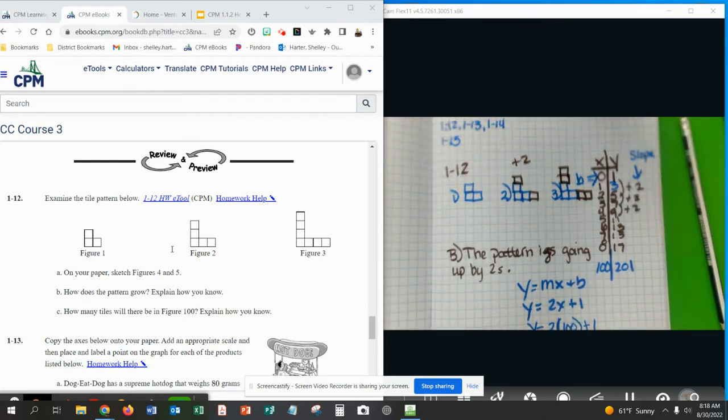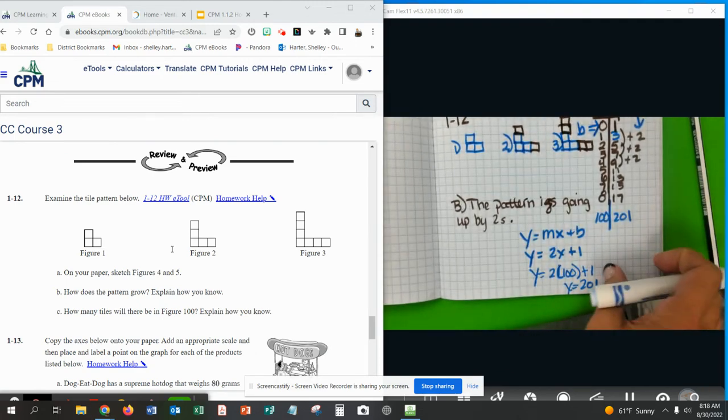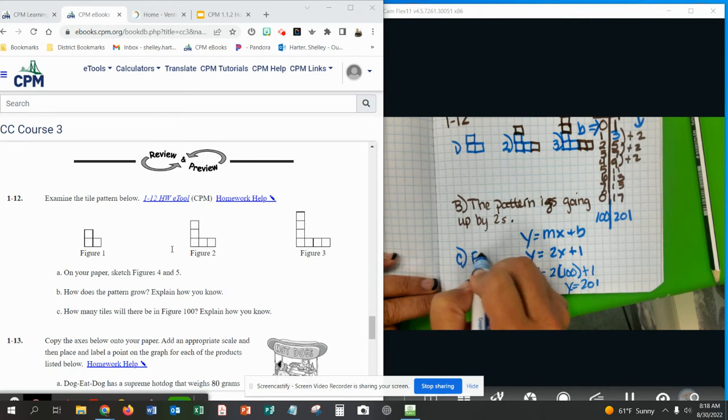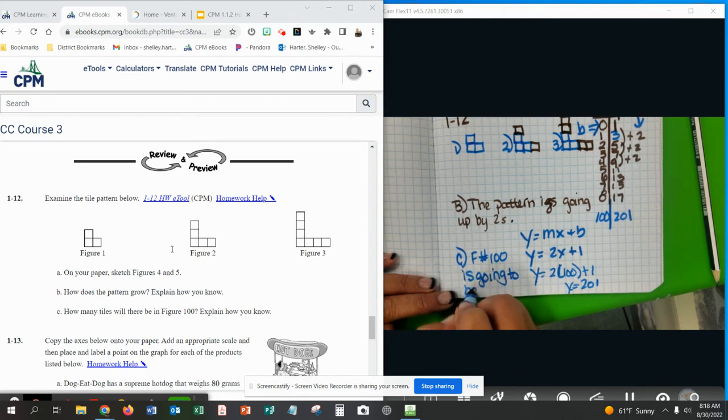Just like that. All right, that's how I got it. So C, figure number 100 is going to have 201 tiles.